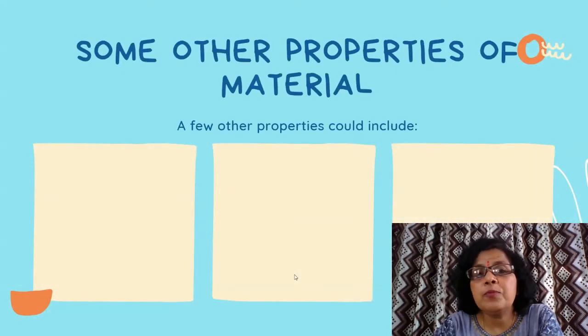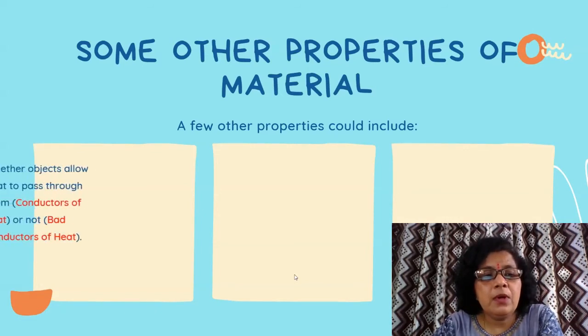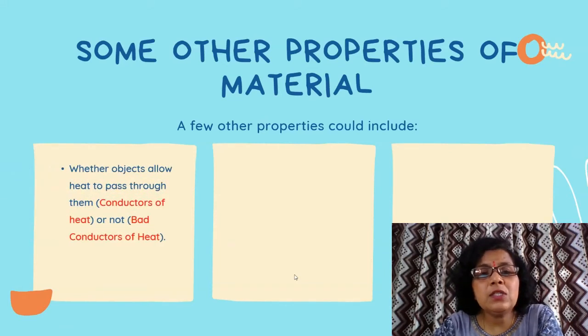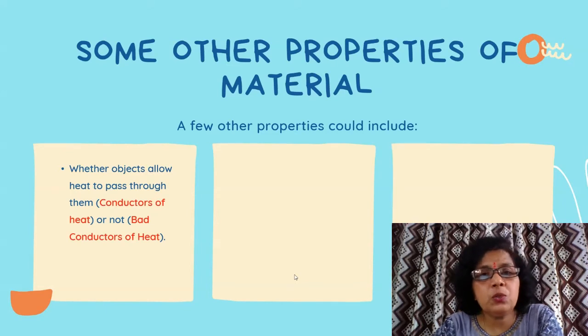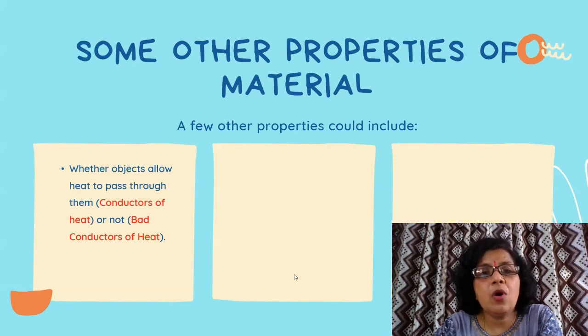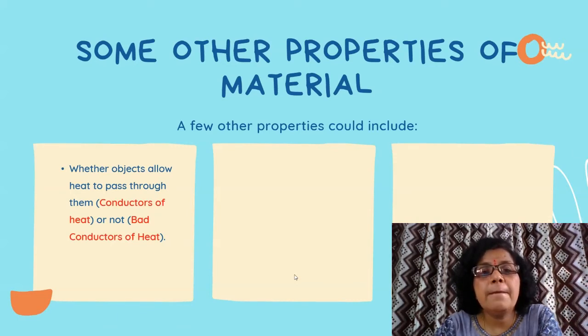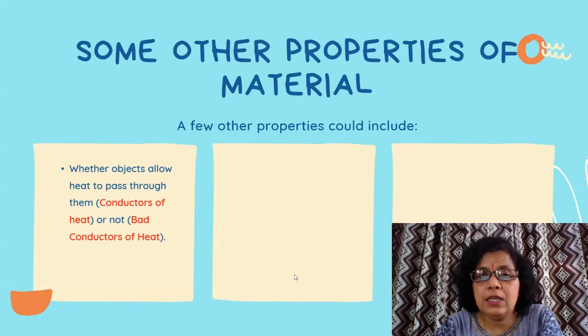Apart from these terms, we have some other properties of materials too. Let's include a few of them. For example, conductors of heat. Objects which allow heat to pass through them are called conductors of heat. And under this category, we can keep all metals, because metals can conduct heat.